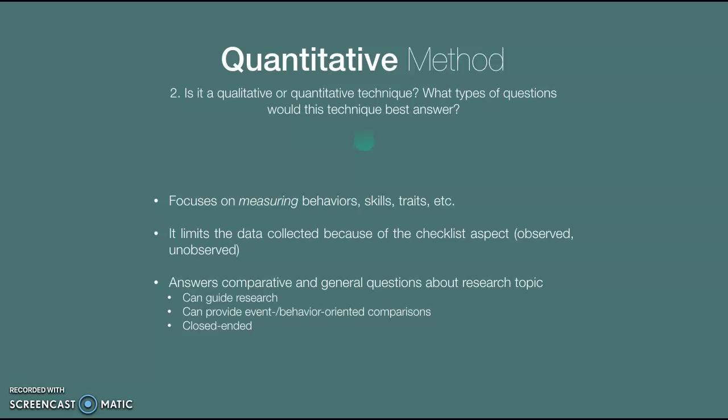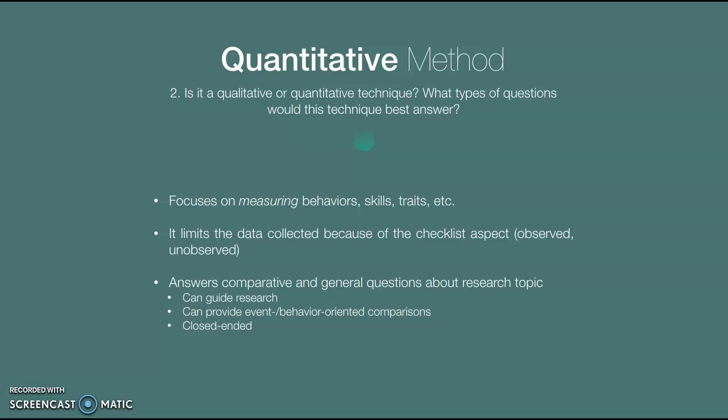Question 2 asked if it is a qualitative or quantitative technique, and then what types of questions it would best answer. So checklists are a quantitative method. They focus on measuring behaviors, skills, traits, etc., as I said before. The key information here is that we may have qualitative questions that we're asking, but we're only really observing them in terms of whether or not they happened.